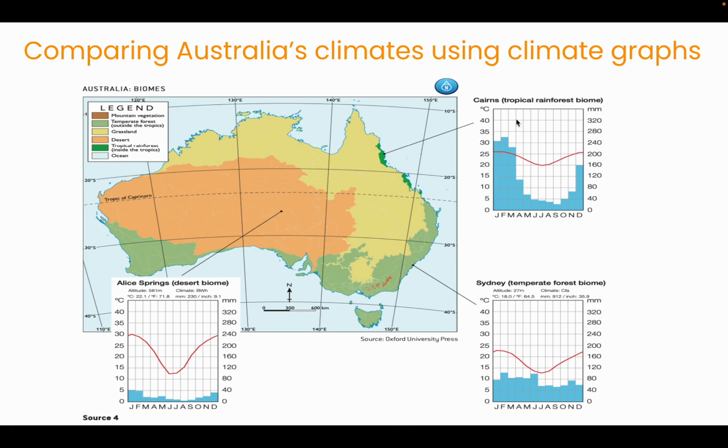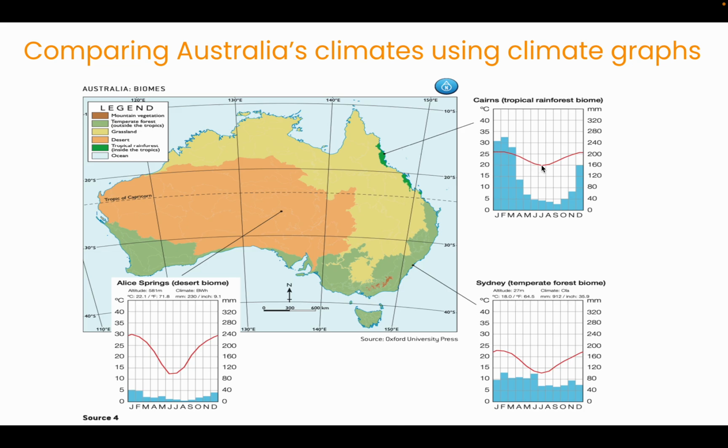Let's jump over to Cairns now, where we have a tropical rainforest biome. So how would we write this analysis up? Again, its temperature is indicative of a southern hemisphere. The temperature range is from 26 degrees through to about 20 degrees.